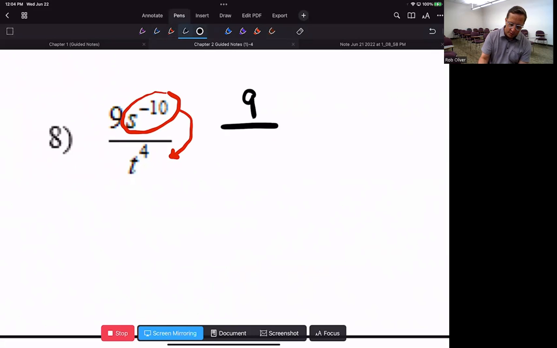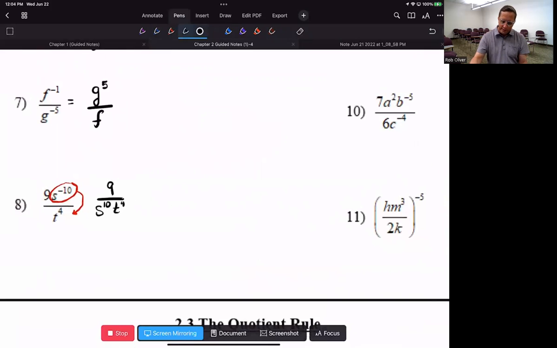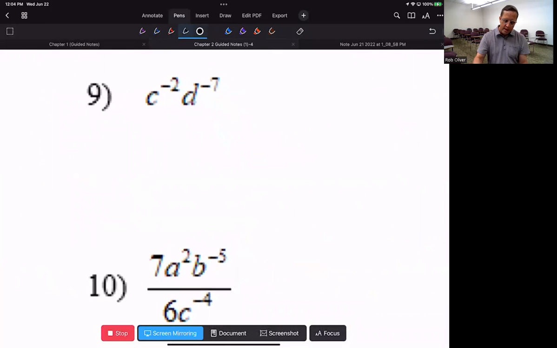Let's put this in alphabetical order. S to the 10th now, it's +10. And then T to the 4th, nothing changed, so it just stays where it is. So you've got 9 over S to the 10th, T to the 4th. And that's number 8.